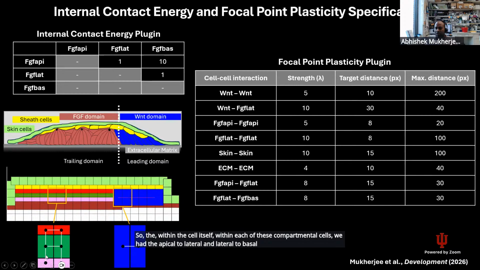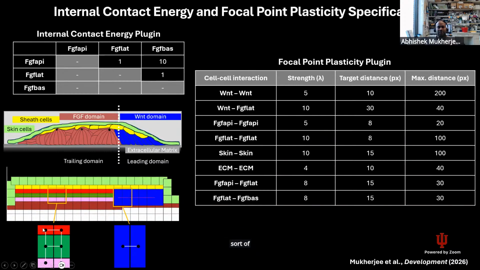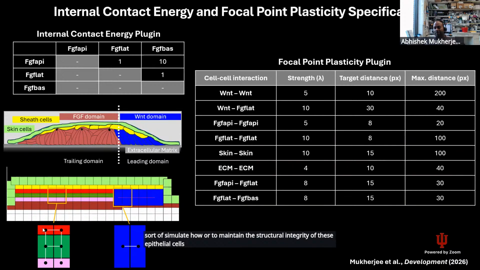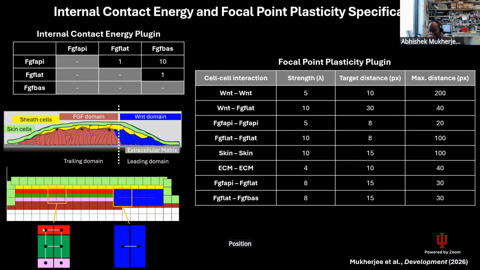We implemented these FPP links to also simulate how to maintain the structural integrity of these epithelialized cells, where there are many cytoskeletal elements such as microtubules which enable the epithelialization of cells and retain them in such a position. So we implemented these FPP links to be proxies or to simulate that kind of an effect.